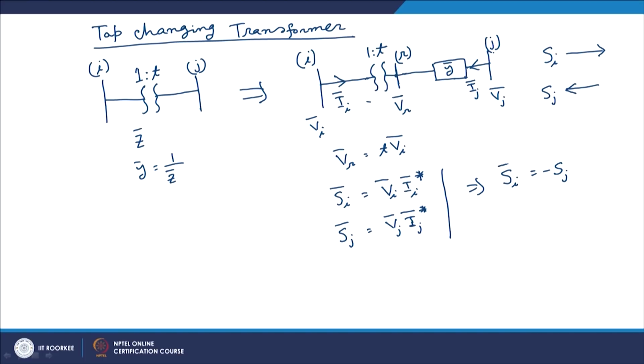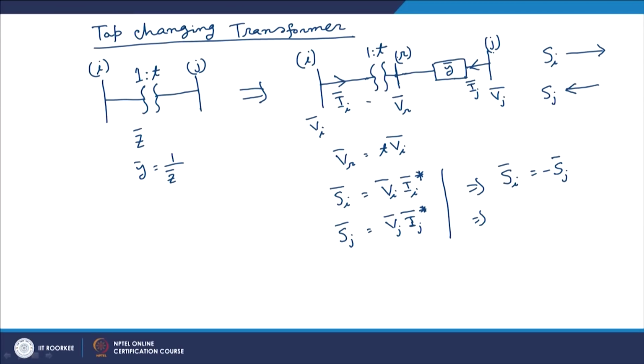Remember, Si is equal to minus Sj. Now here there is a little correction, it should be Sr. Now, here we can write Vr is equal to t Vi, so t Vi into Ir.